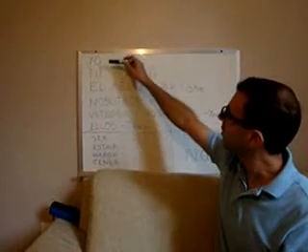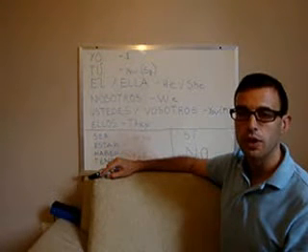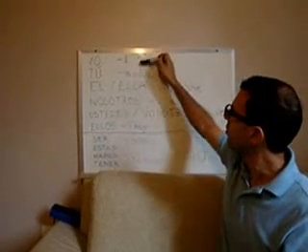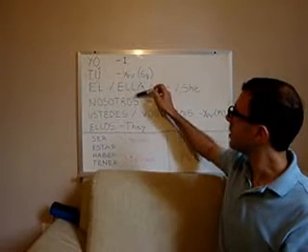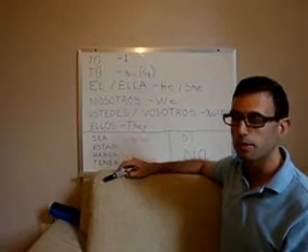So these are the 6 persons we need to learn to conjugate verbs in Spanish and to speak. The first 3 of the singular, the last 3 correspond to the plural.